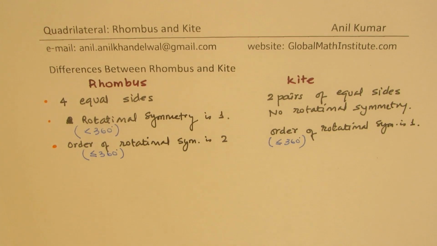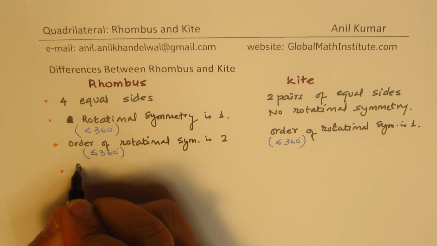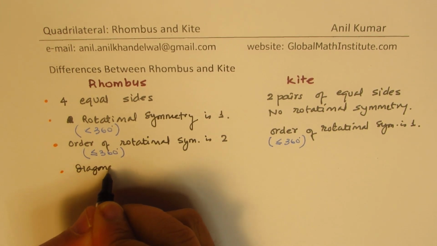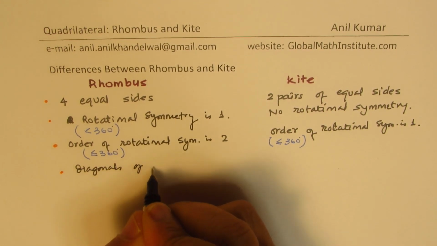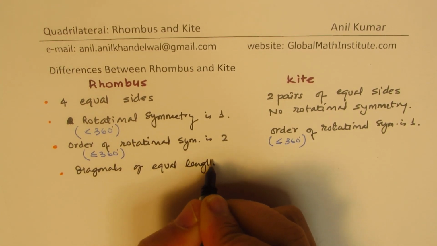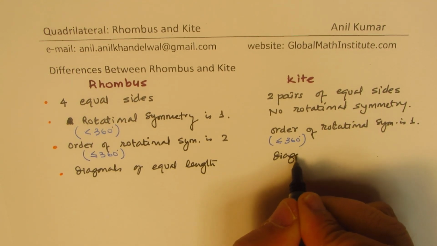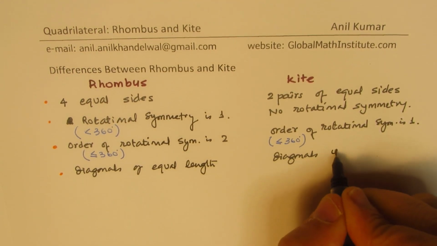Now we'll talk about the diagonals. Rhombus has diagonals of equal length, kite has diagonals unequal.